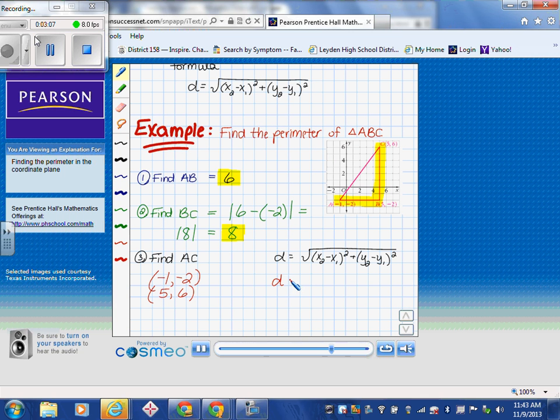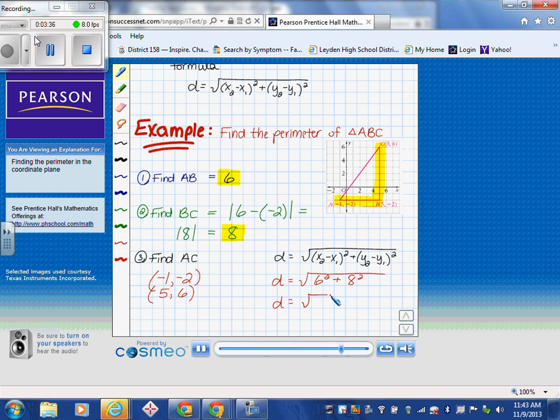Let's go ahead and I'll find the distance now for you. Hopefully it will check with what you've got as well. The distance is going to be equal to the square root of x2 minus x1. 5 minus negative 1, or 5 plus 1, which is 6 squared, plus y2 minus y1. 6 minus negative 2, or 6 plus 2, which is 8 squared.